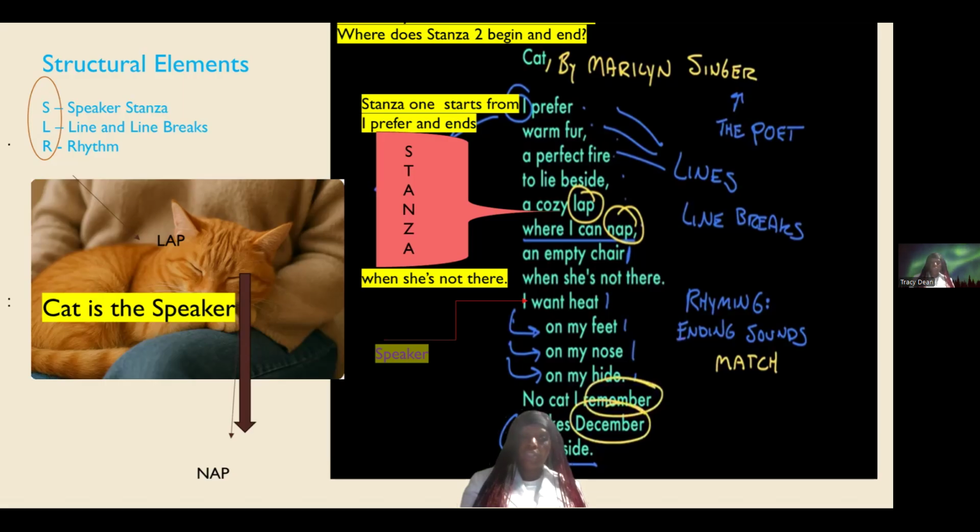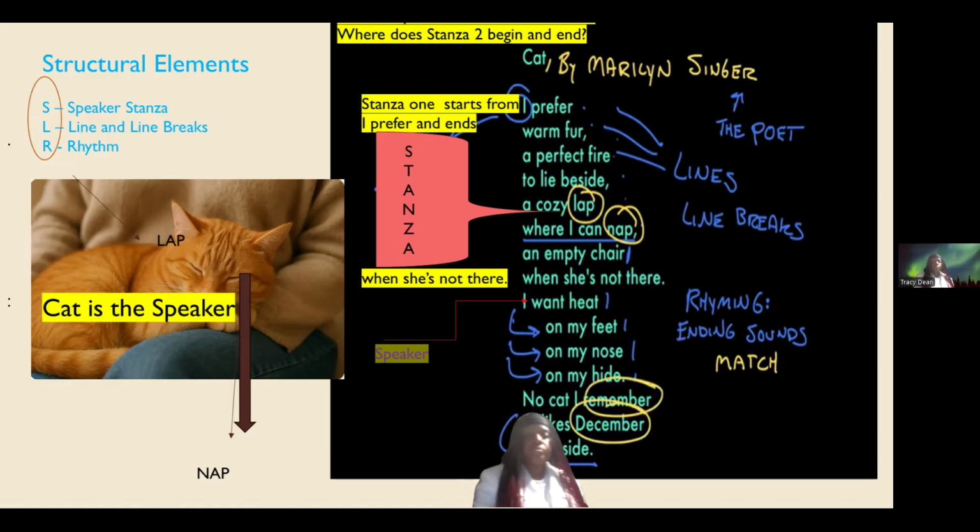So as long as you can read this, I prefer, warm for, a perfect fire, to lie beside, a cozy nap, where I can nap, on an empty chair, when she's not there, is a line. All of those is a line. First, they have to be a line, then all of the lines make a stanza.